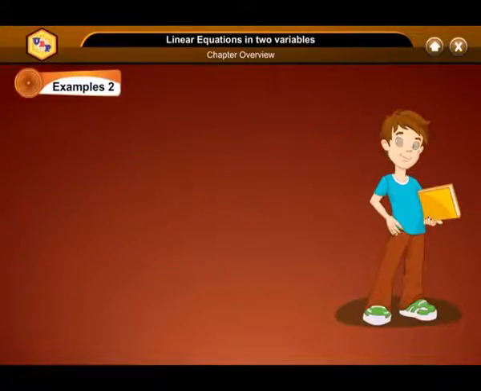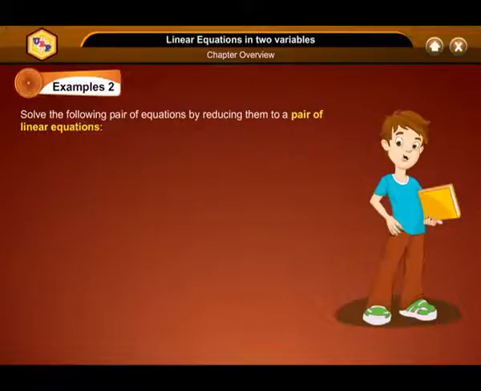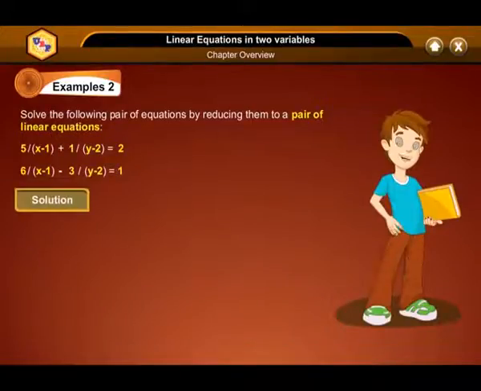Example 2. Solve the following pair of equations by reducing them to a pair of linear equations. 5/(x-1) + 1/(y-2) = 2. 6/(x-1) - 3/(y-2) = 1. Solution.